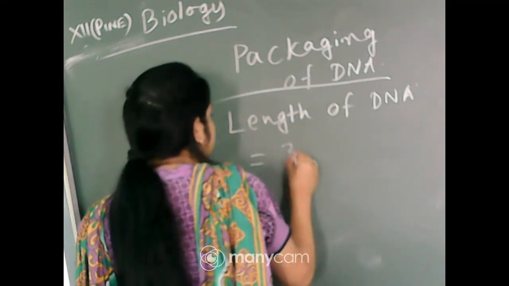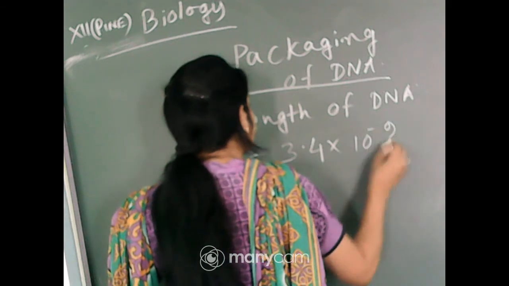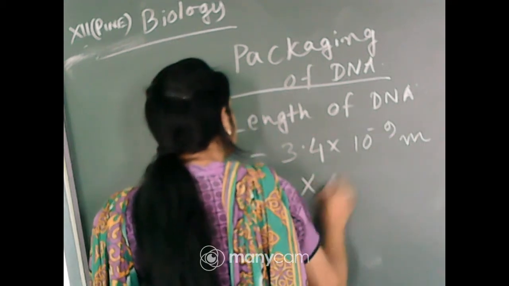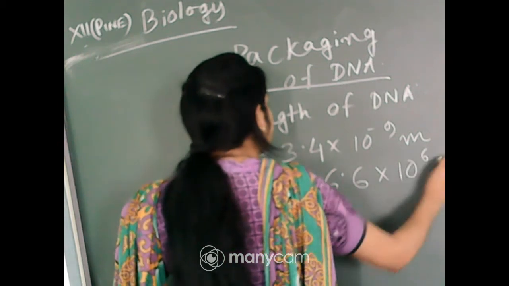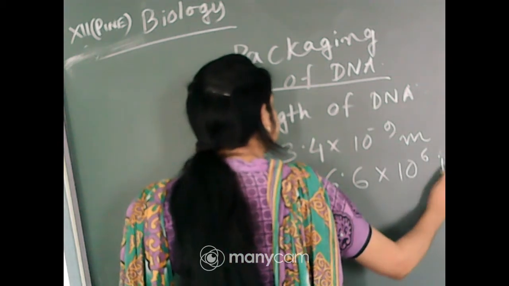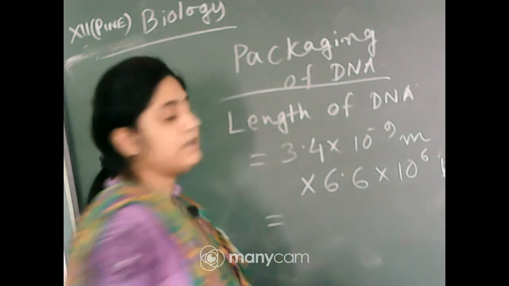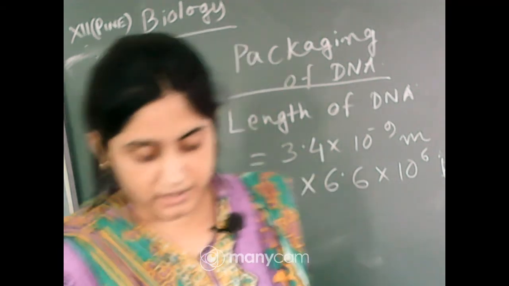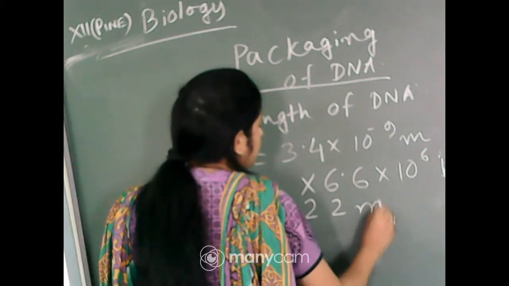Equal to 3.4 into 10 to the power minus 9 meter into 6.6 into 10 to the power 9 base pair, okay. This is the length of a double helix DNA, and the number is approximately 2.2 meters, okay.